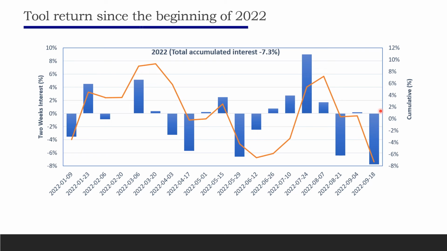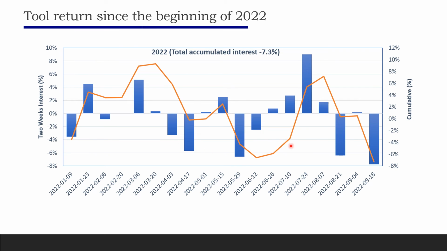And as I said, the average of the previous package was close to minus 8%, minus 7 point something percent. And as you can see here, this package was one of the worst this year. It broke somehow the previous record, which was minus 7%.